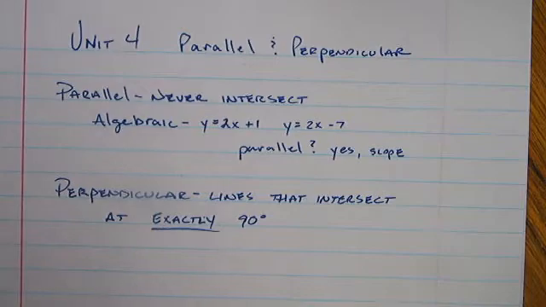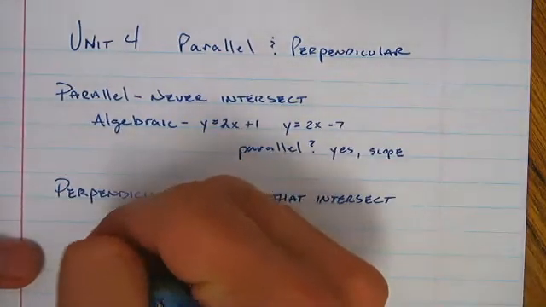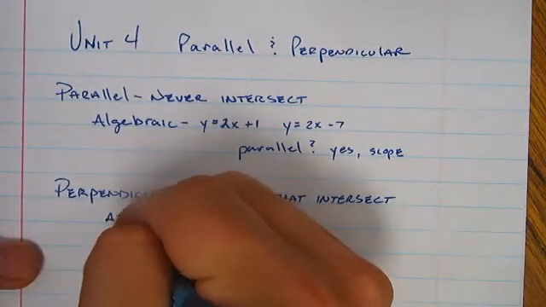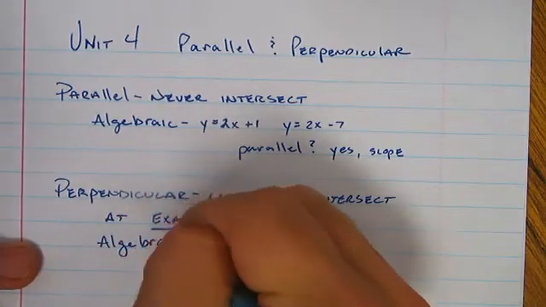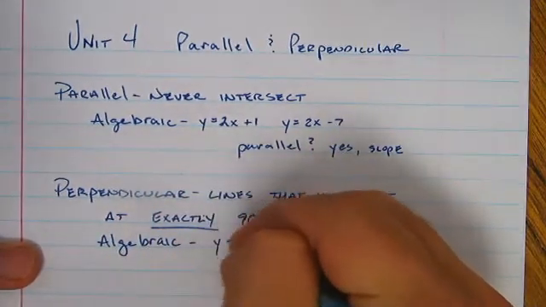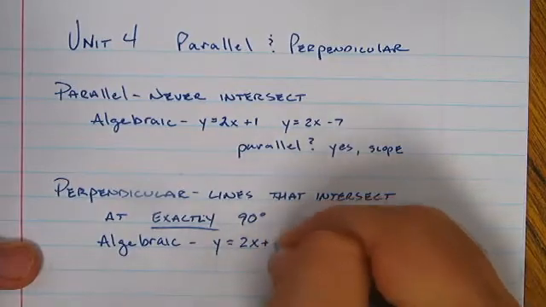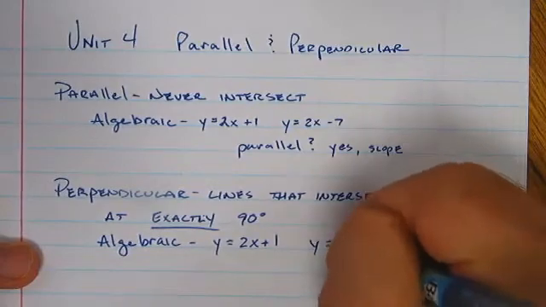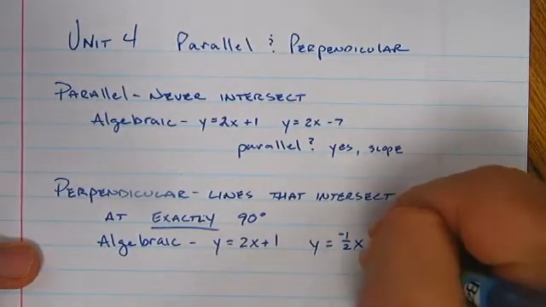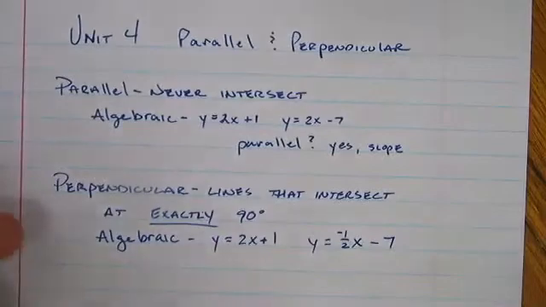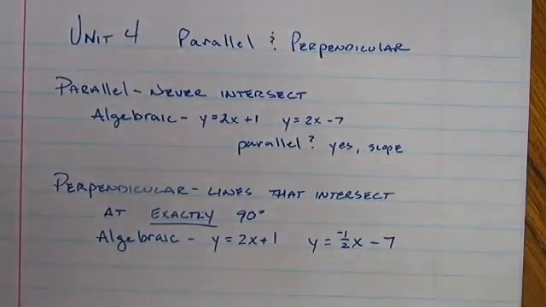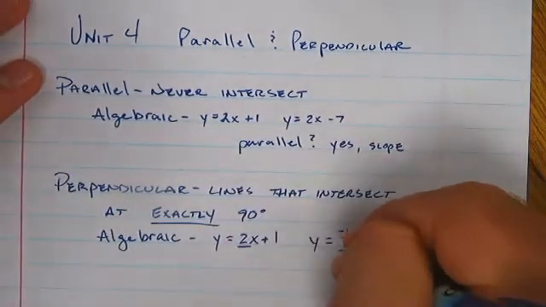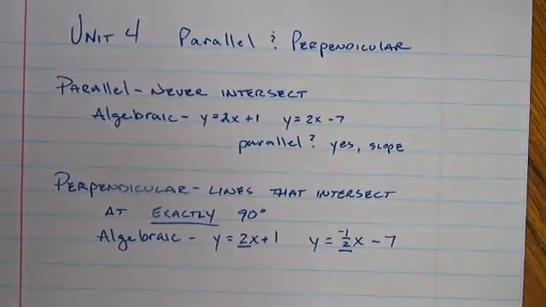Okay, and so algebraically, how are we going to recognize these? Okay, in an equation, y equals 2x plus 1, the equation for a perpendicular line would be something like y equals negative 1/2 x minus 7. So we don't know where they intersect, but what's going to indicate that they are perpendicular are the slopes.